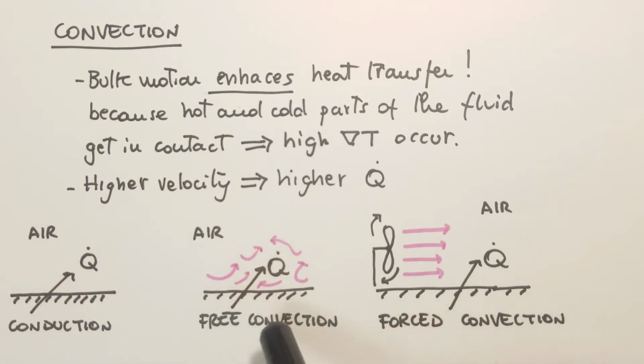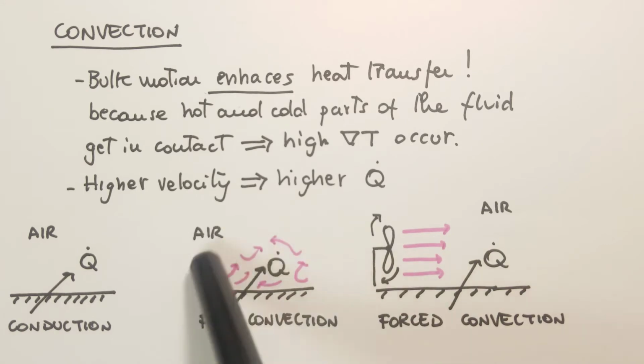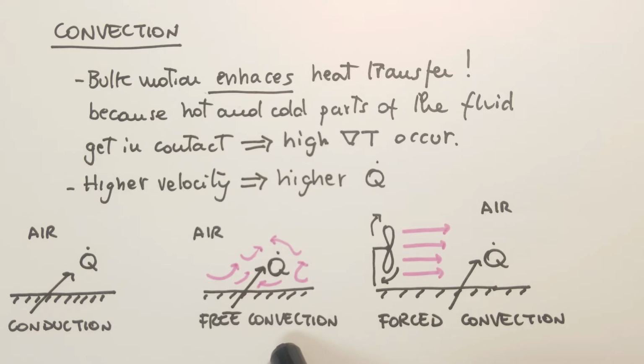But imagine now we have a situation with free convection, which means that the temperature gradients induce some density gradients, which then impact the momentum. So a fluid motion occurs, which is free, meaning it's not imposed from the outside. This is also called natural convection.